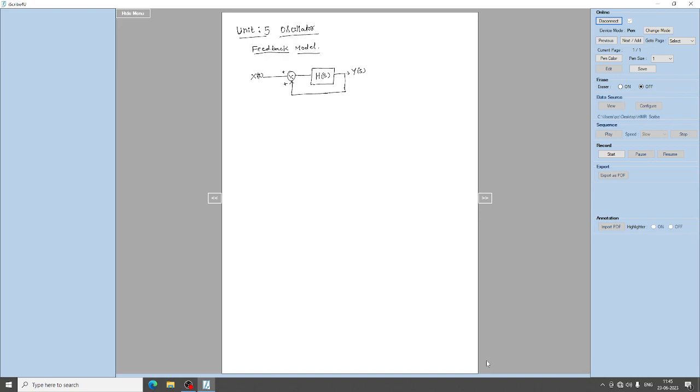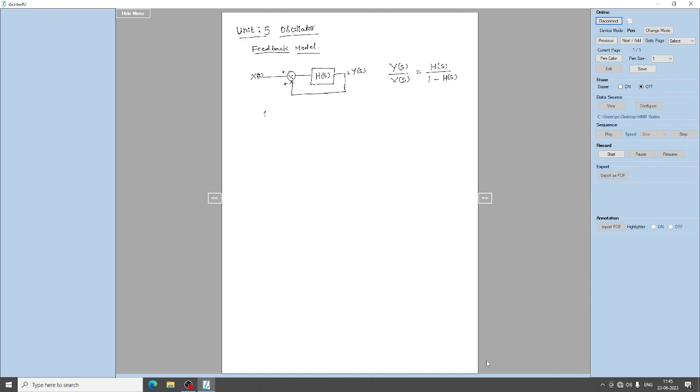The transfer function happens to be output by input equals H(s) divided by 1 minus H(s). It's a unity feedback system, right? So how are we going to analyze to ensure that this feedback system will oscillate, will give sustained oscillation, right?